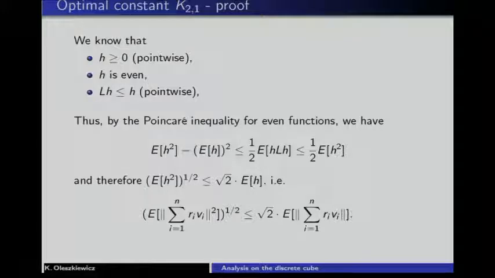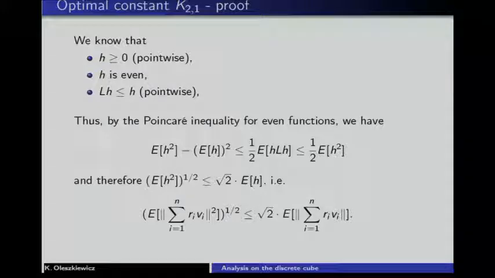So pointwise, H times LH is bounded by H squared. These two inequalities show that H times LH is less or equal than H squared. So we have also the inequality between expectations. And that's the end. Here we have the second moment, here we have the first moment squared, and here we have the second moment. After we put things back, we end up with the Khinchin-Kahane inequality with square root of 2.